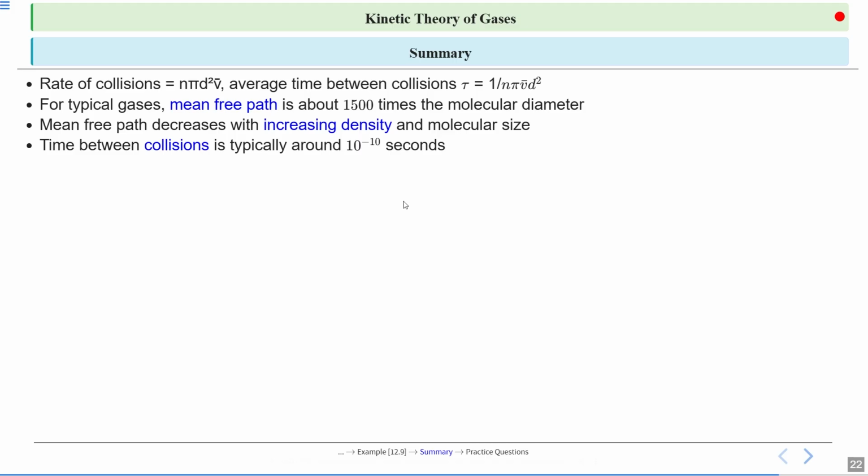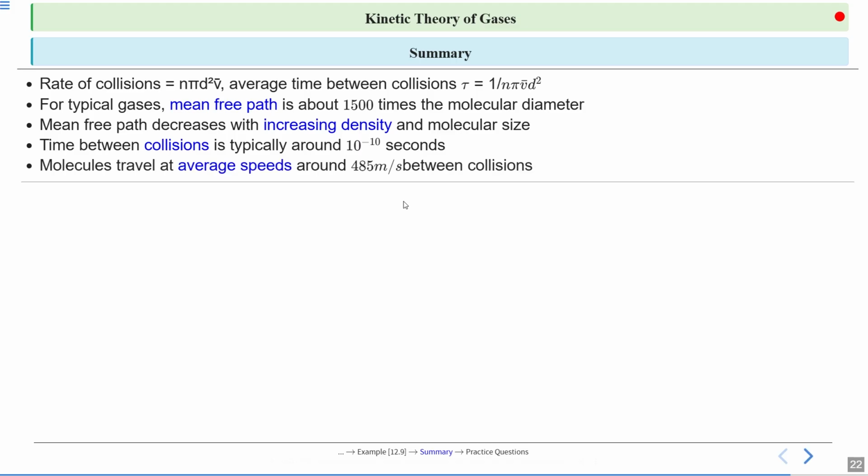The time between collisions is typically around 10 raised to the minus 10 seconds. This is an incredibly short time frame and highlights how rapidly molecules in a gas are moving and interacting with each other. Molecules travel between collisions at around 485 meters per second. This speed is quite significant and illustrates the high energy and rapid movement of molecules in a gas.